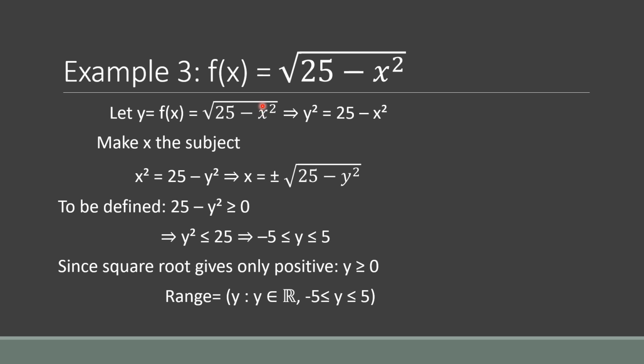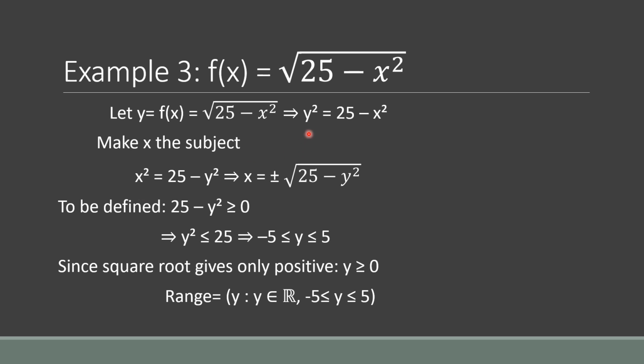Since we want to make x the subject, the expression will now tend to be y squared equal to 25 minus x squared. Here we are going to make x the subject. So making x the subject here, it is negative. Since I want to make the subject in a positive form, I'll send the negative x squared across this equal sign, and it will now be positive.